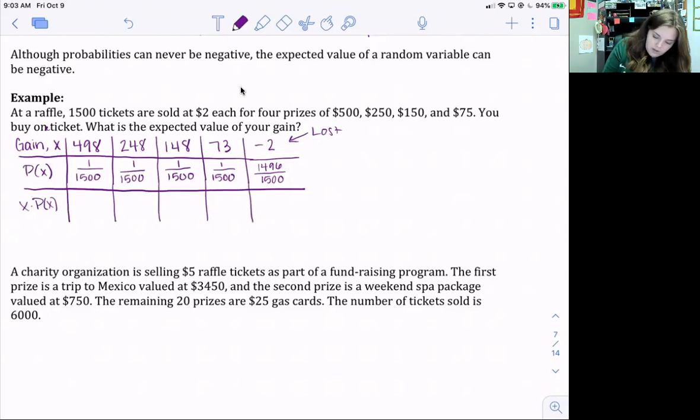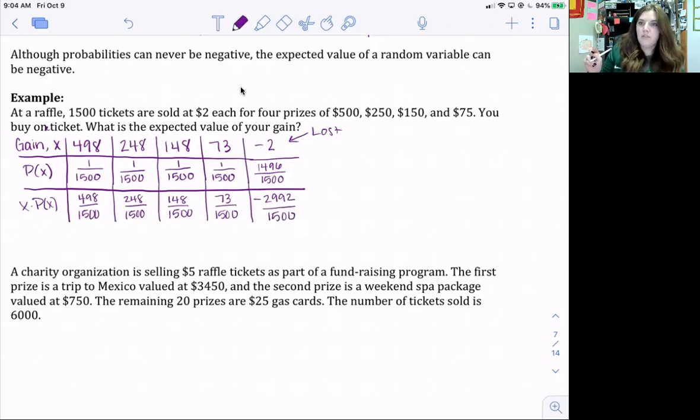So if we do that, we have 498 over 1,500, 248 over 1,500, 148 over 1,500, 73 over 1,500, negative 2 times 1,496 is a negative 2,992 over 1,500.